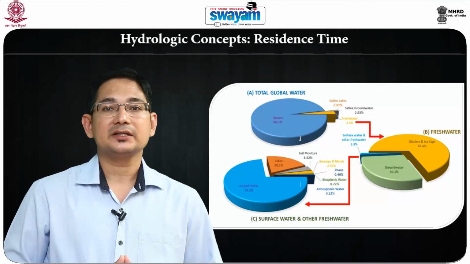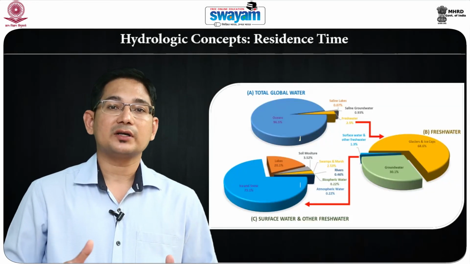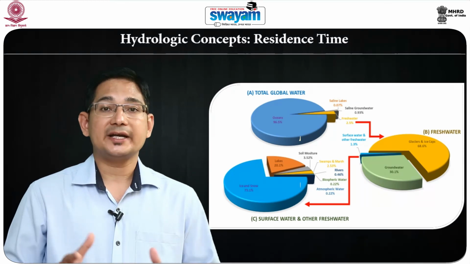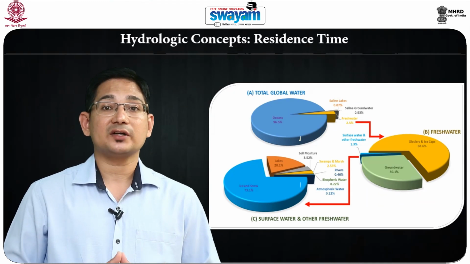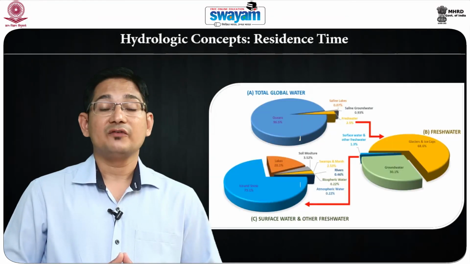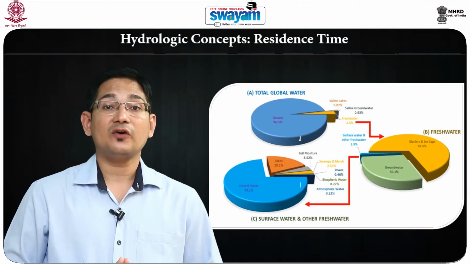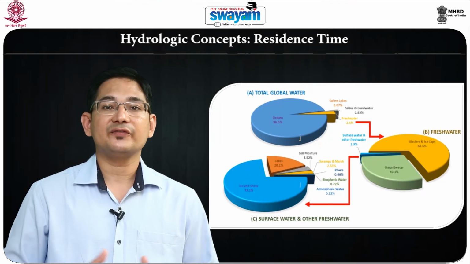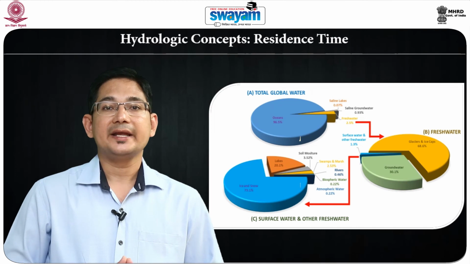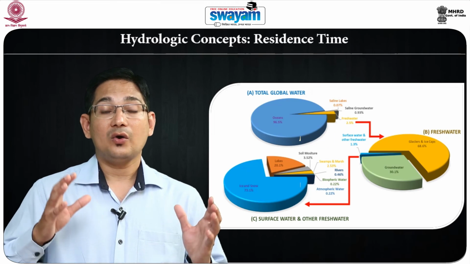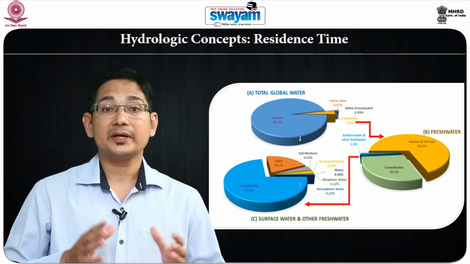If we compare the abundance of groundwater and surface water, we will realize that almost 96% of Earth's fresh water is in the form of groundwater, whereas only 4% of this water is available in streams, lakes, rivers and wetlands. A small proportion of fresh water is retained in the atmosphere, as soil moisture, or in the biosphere.